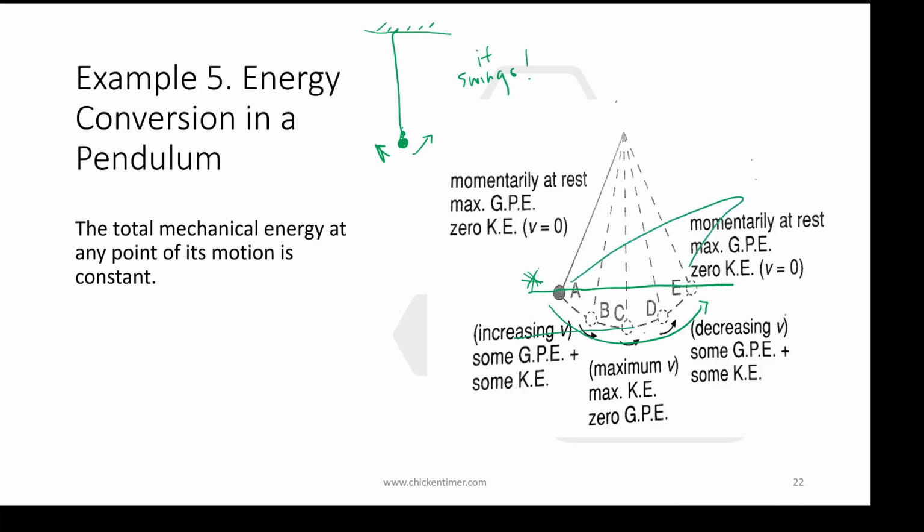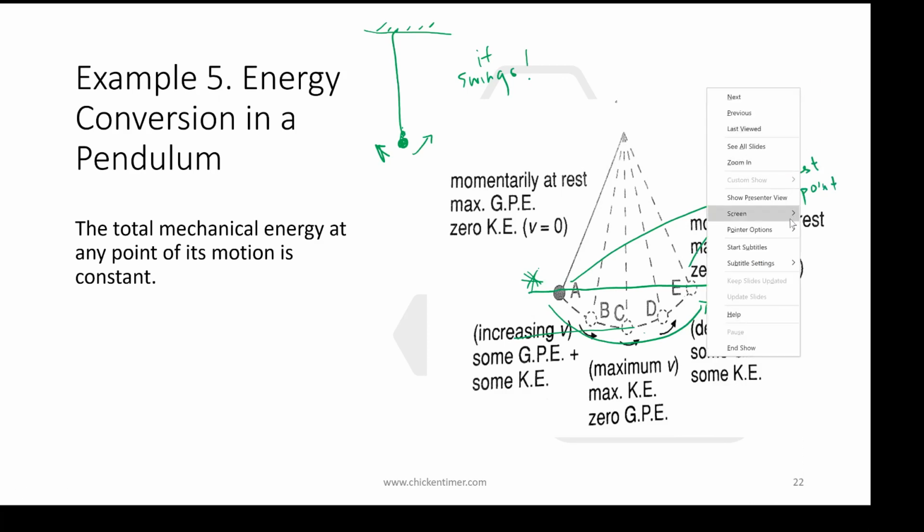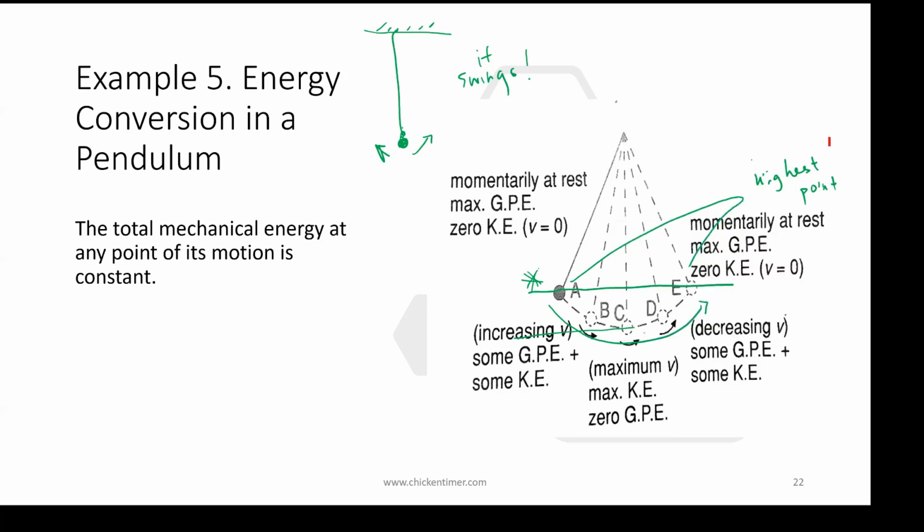Yes. So at the highest point, that means it will have maximum GPE, maximum GPE on both ends. Then the KE is 0 because it's not moving.